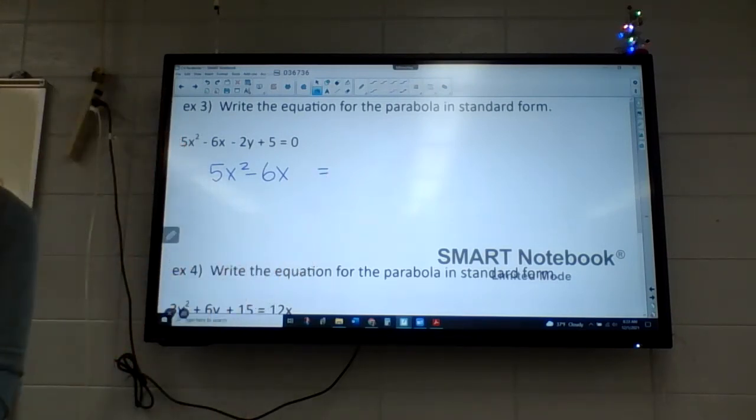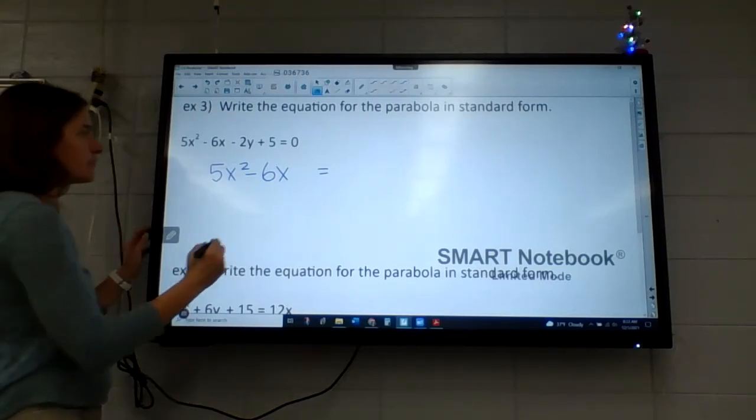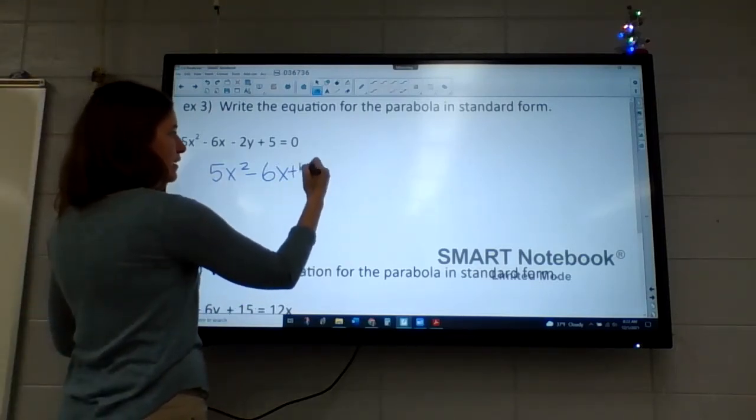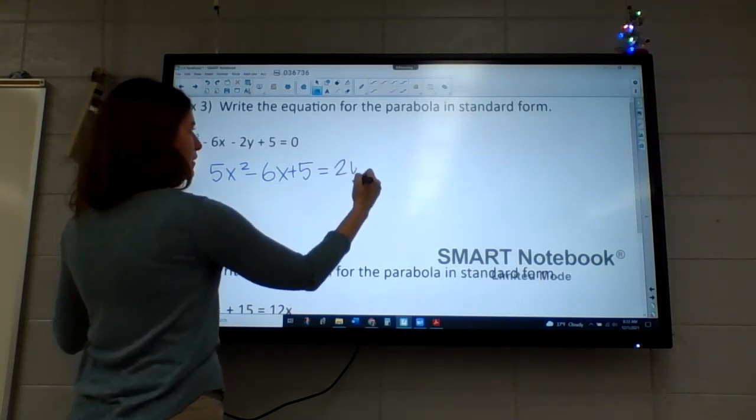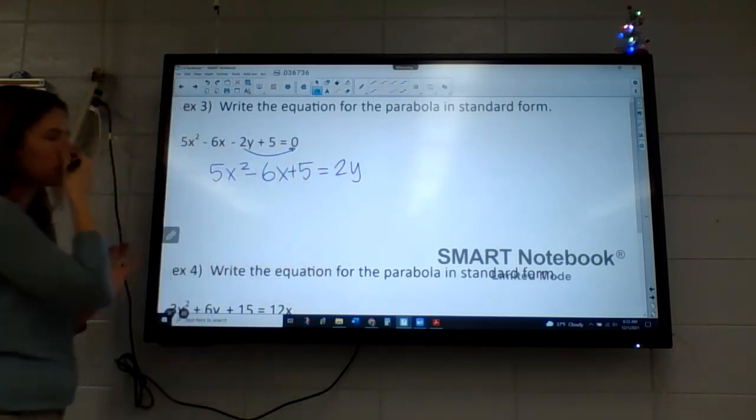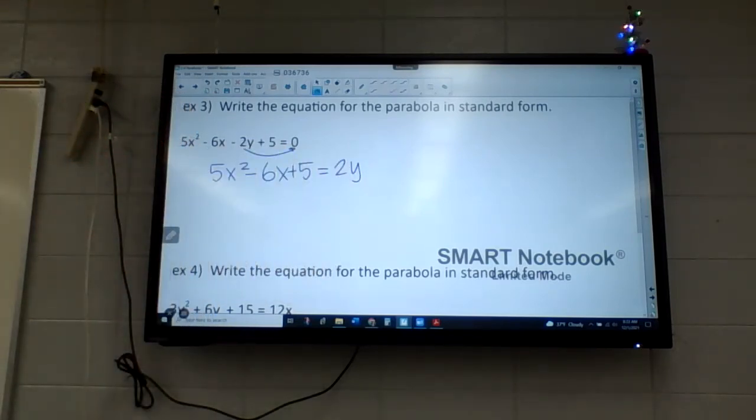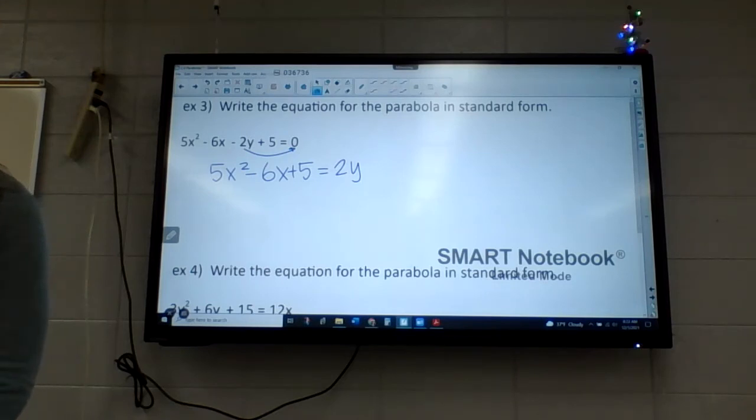Trying to decide, should I put that with the 5 though? I think I might leave the 5 here. So move the 2y over. This one might be tougher than I think it's supposed to be.